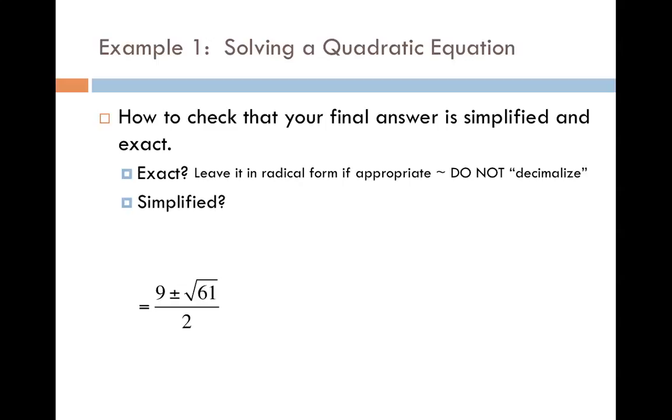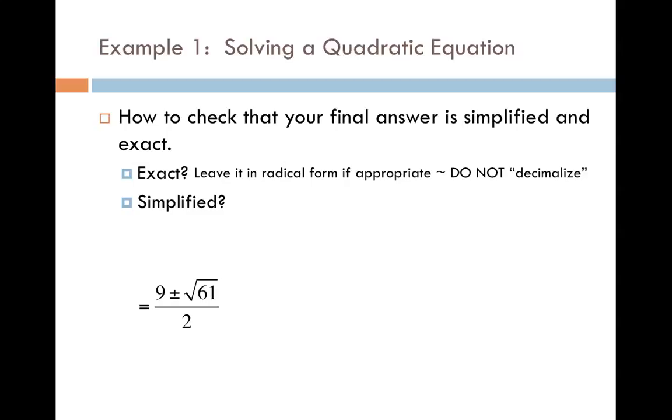I do not want you to punch the square root of 61 into your calculator and turn it into some decimal, because you will have to round it. The square root of 61 is irrational. There is no terminating decimal that it's equal to. So as soon as you stop writing, you have rounded it, and it's no longer exact. So in order to keep it exact, you leave it in radical form.